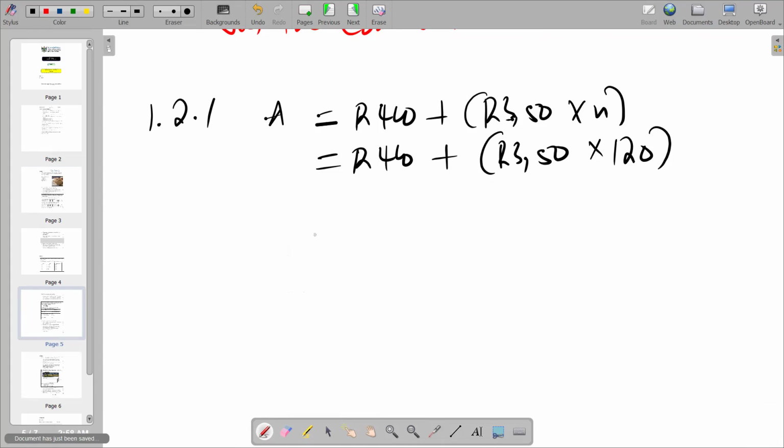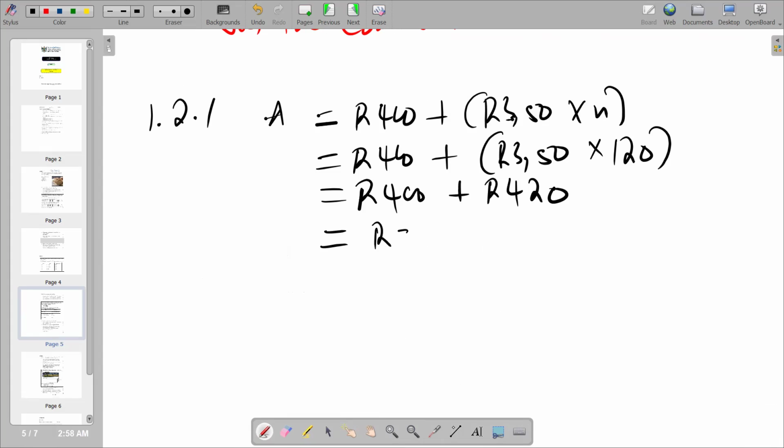So we calculate it like that. It becomes equal to 400 rand plus, if you say 350 times 120, your answer is 420 rands. Obviously, if you add the two, the total that you're supposed to get becomes 820 rand. So this is our final answer. This is what we have in terms of our A.